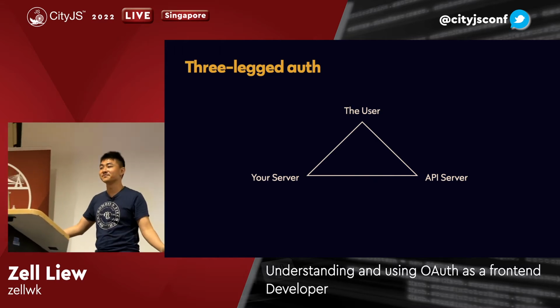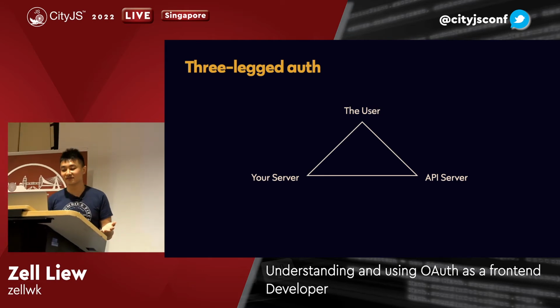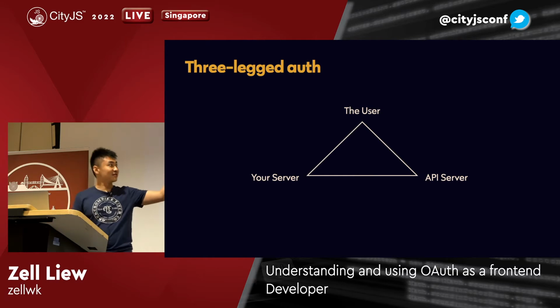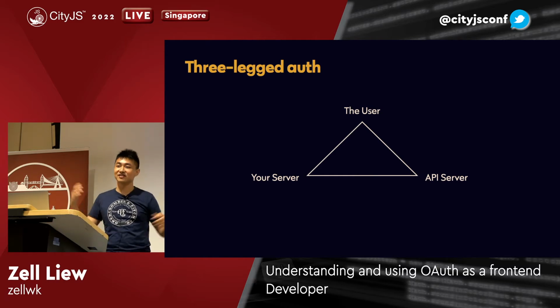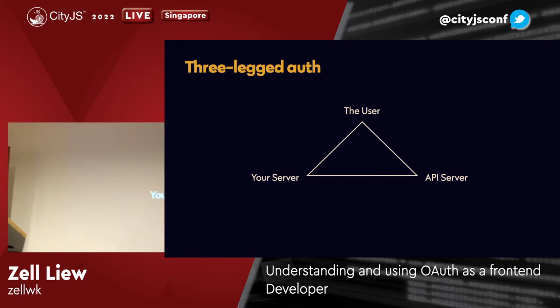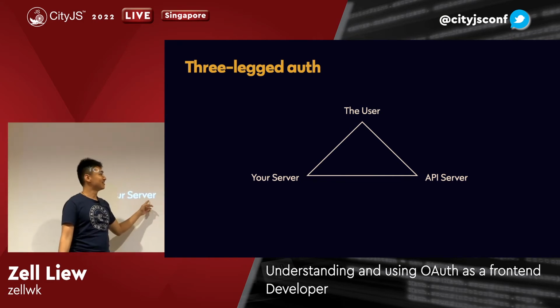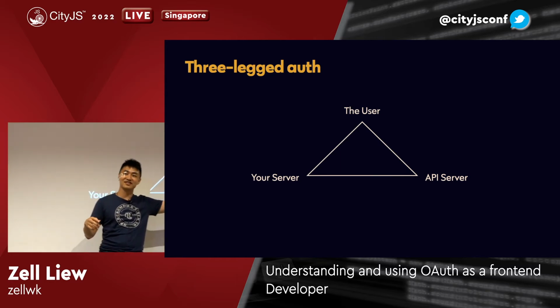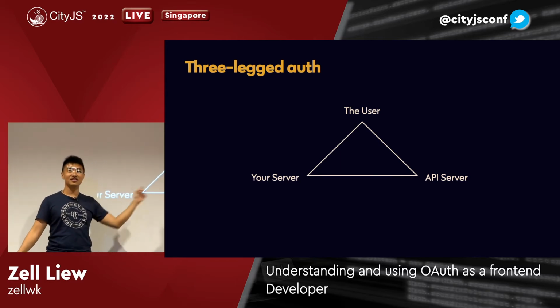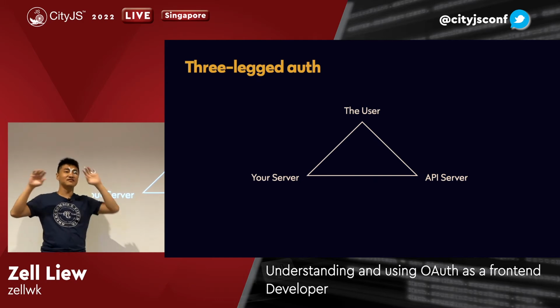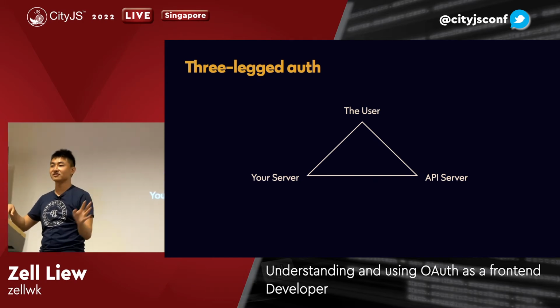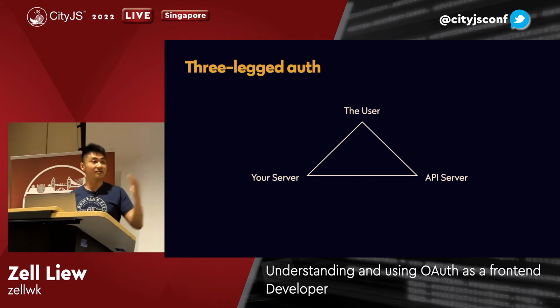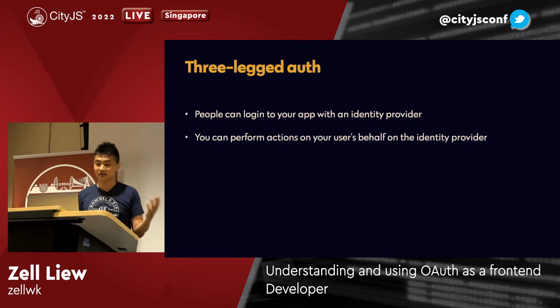Basically, you send the user to the API server to log in, and then they log in, the API server gives your app something, and then you have to figure out whether that's okay. You send it back to the API server, so the two of you start talking, and eventually you say, okay, fine, you are logged in. Then it goes back to the user. Essentially, it's something like that, but we'll walk through the flow together.